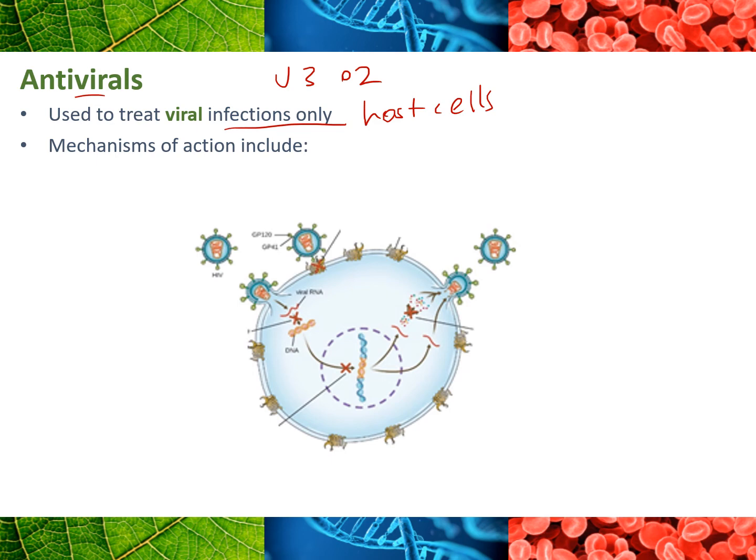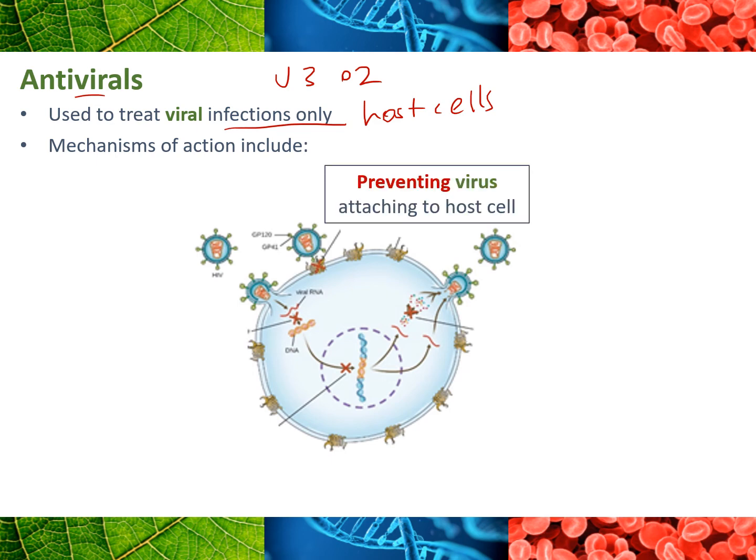So antivirals basically work in a few different ways to prevent viruses using host cells. So the first way they can act is to prevent, so these here are the viruses, and this is the host cell here. So this could be your cell. First thing that an antiviral could do is that it stops the virus getting into the host cell in the first place. If viruses can't get into cells, they can't do anything.